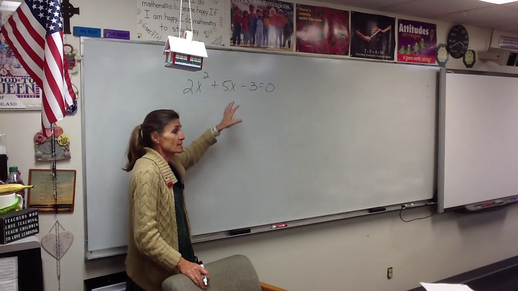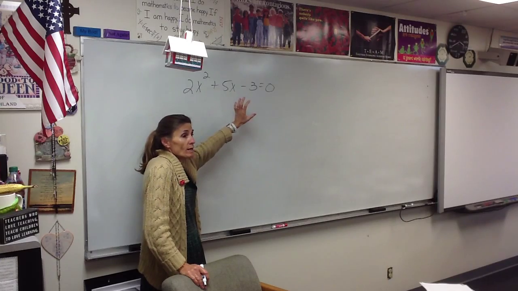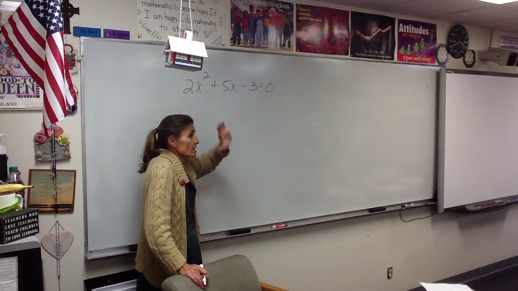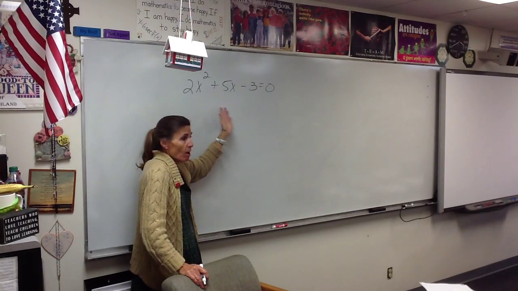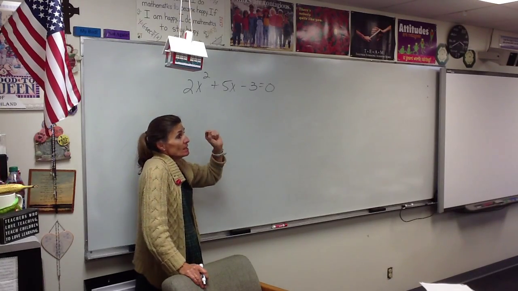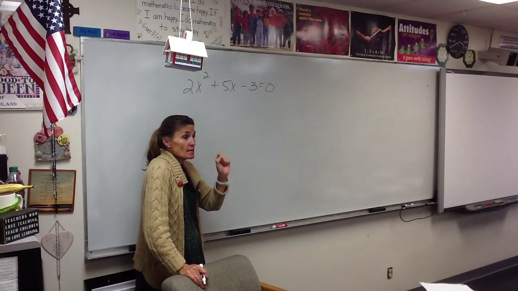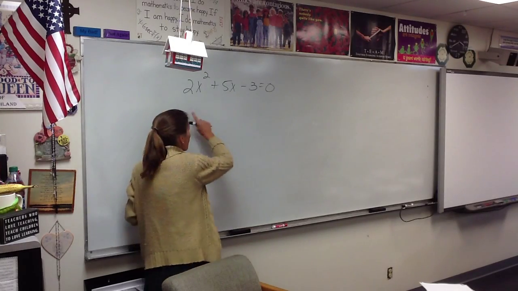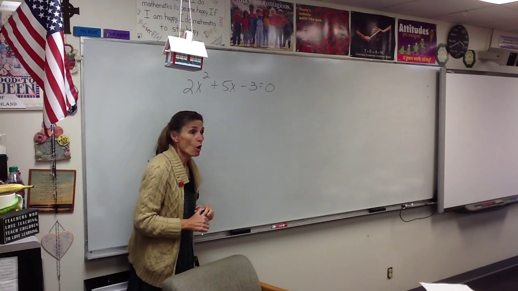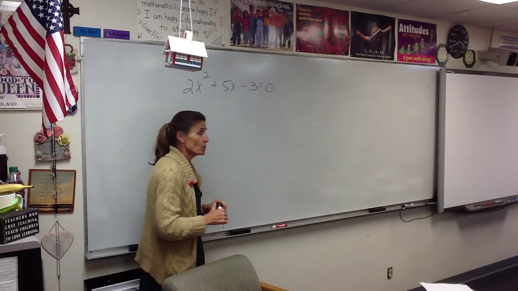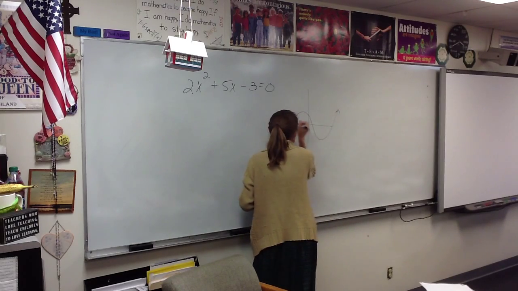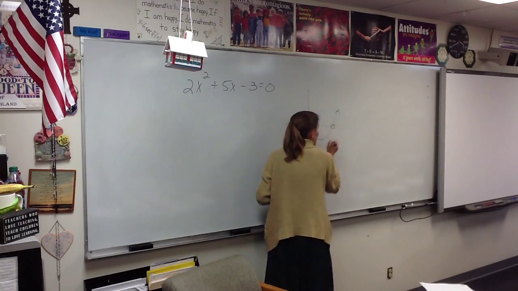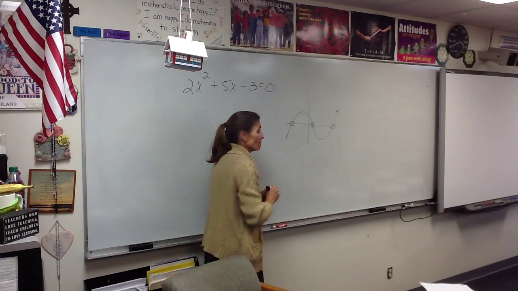Now, again, I want to emphasize there's more than one way to do this, but we're going to be looking at problems where graphically is the easiest way. Not necessarily this problem, but certainly some others. So, here's what I need you to understand. When we say we're going to solve graphically, what we mean is wherever this thing crosses the x-axis, those are the solutions.